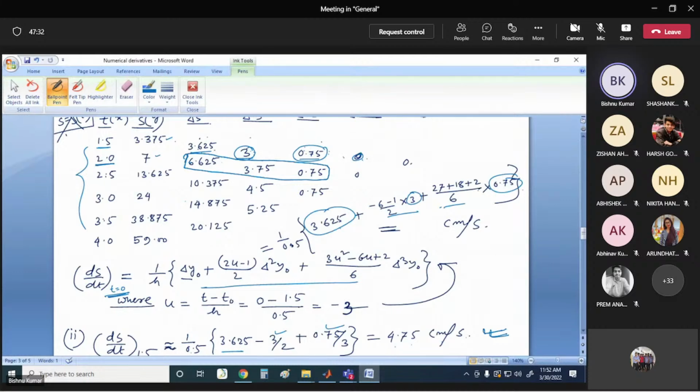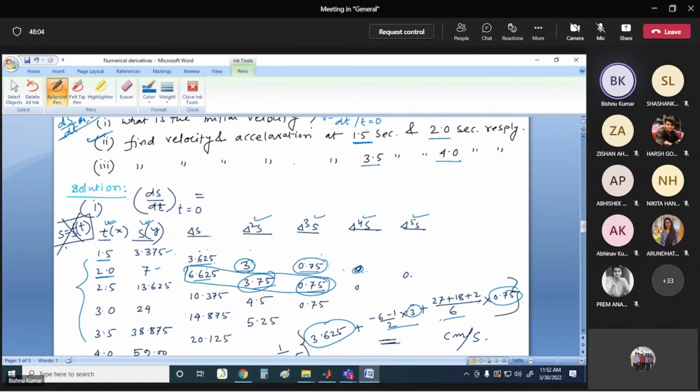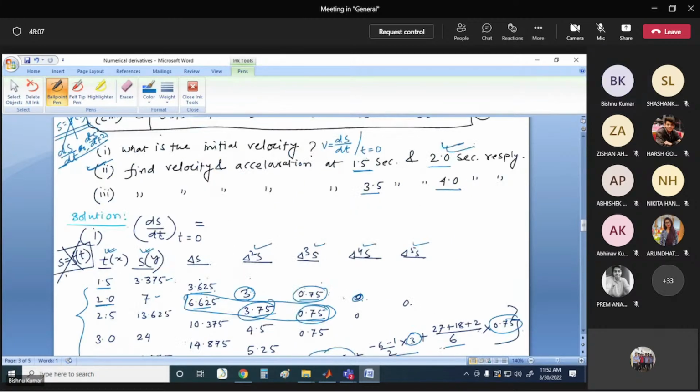Now think of these as the upper diagonal, that is now del y0, del square y0, del cube y0. So the first derivative at this point is 1 by h outside, multiplying this term minus this term by 2 plus this term by 3. The second derivative is 1 by h square outside, this term minus this term. So the velocity and acceleration at 2.0 you can also calculate.